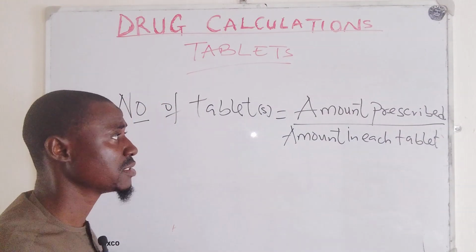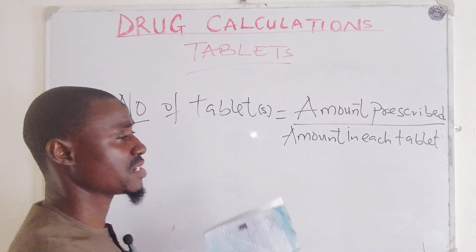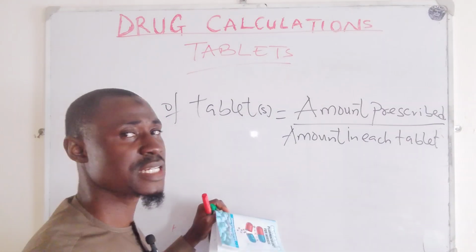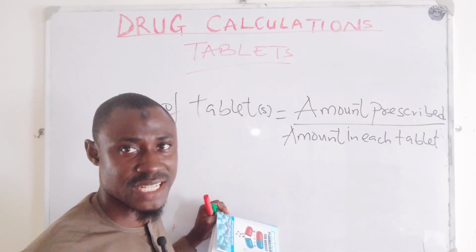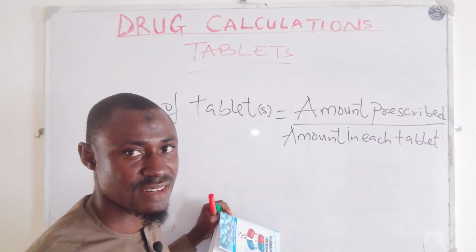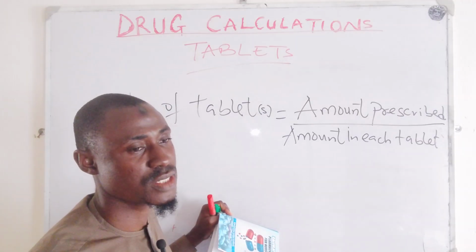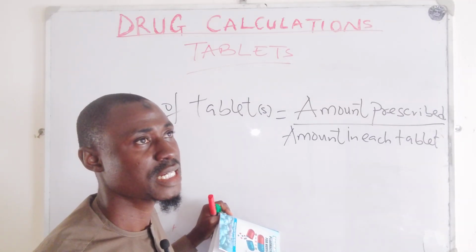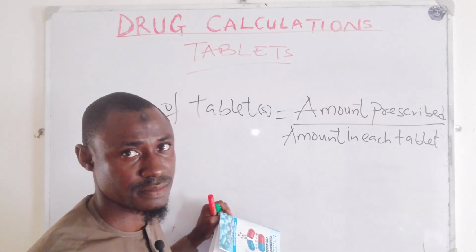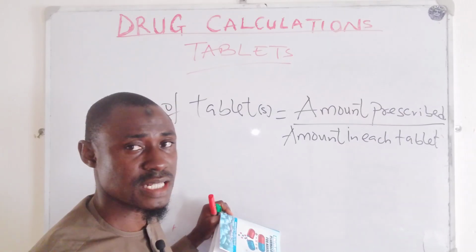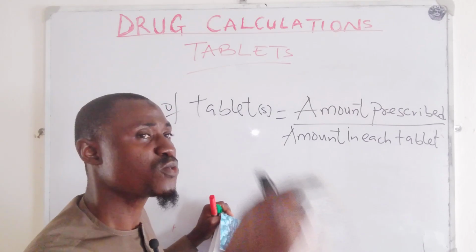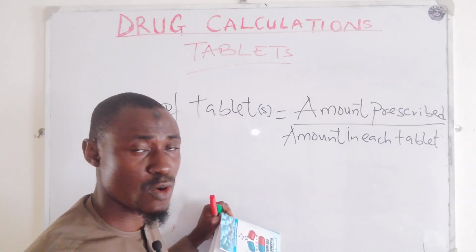Now let's quickly take some examples. Let's take a real life example that we are used to. Let's say a patient who is having a serious headache, maybe due to stress and some other factors, is supposed to take 1000 milligram or 1 gram of paracetamol tablet. So how many tablets am I going to remove that will be equivalent to that 1000 milligram or 1 gram?